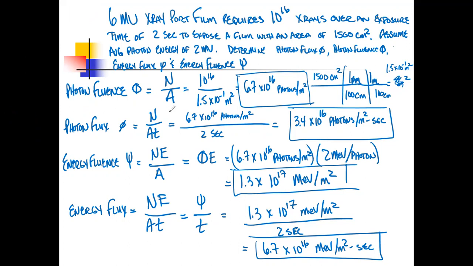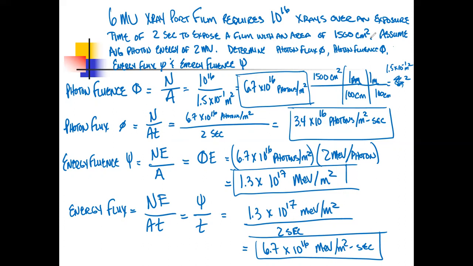Now, what is the photon flux? Well, the photon flux in this particular case is that we're going to take the fluence and we're going to see how that changes over time. So what is the flux? The flux is going to be N divided by A, and we're going to take that and see how it changes over time, so we divide that by T. So we take our fluence and we divide it by T, and that becomes the flux.